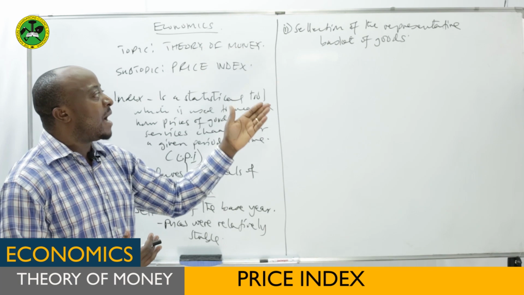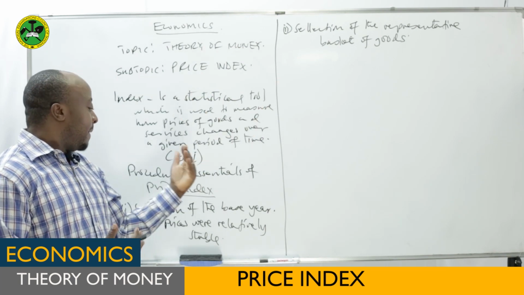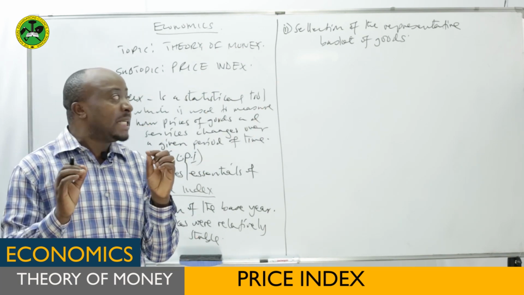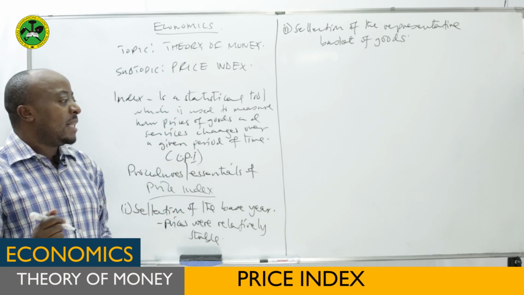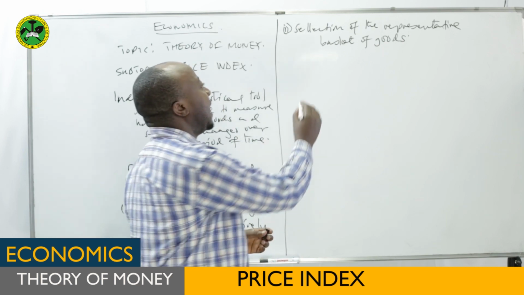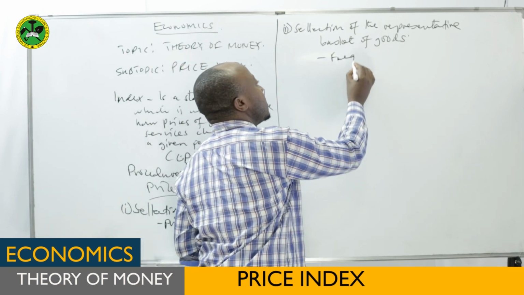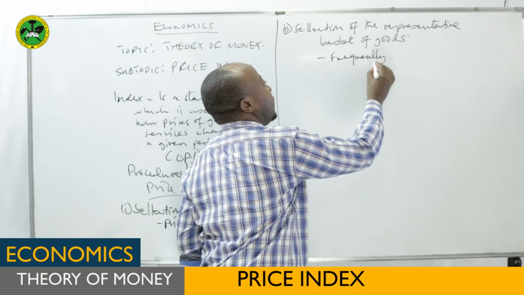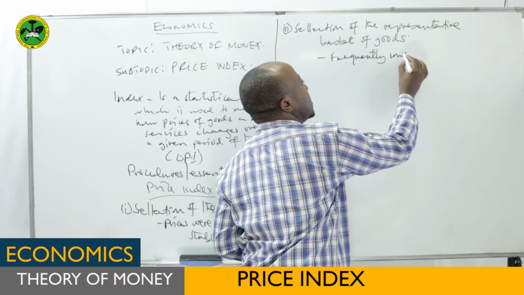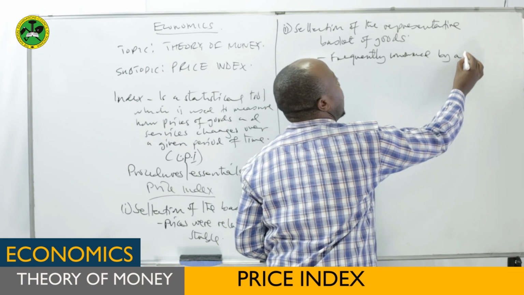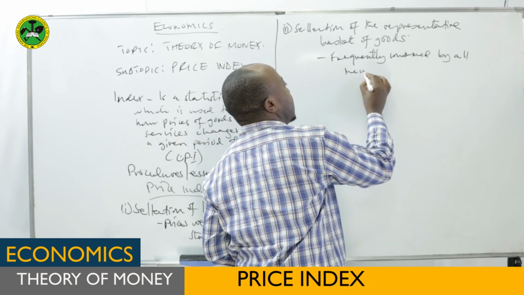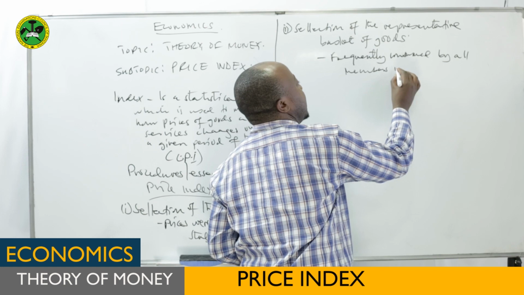So the second procedure, those people who deal with this measurement have to select the representative basket of goods. Now, this basket of goods should be goods which are frequently consumed by all members in the society.